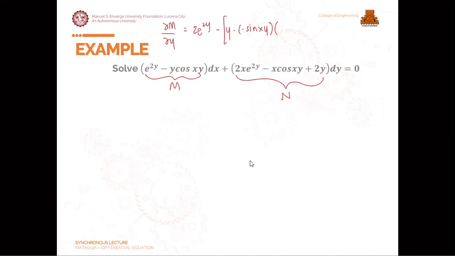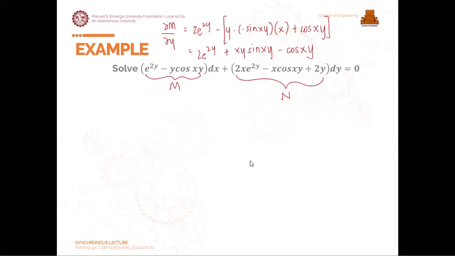So plus cosine xy. Okay, so simplify lang natin, so 2e^2y, so this will be negative negative positive xy sine xy minus cosine xy.